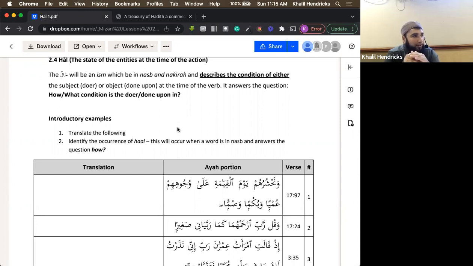Maf'ul mutlaq didn't have a simple question like that. For hal, we ask ourselves a question. If it tells me how the doer was doing the action or how the done upon was when the action was done, then that is hal.